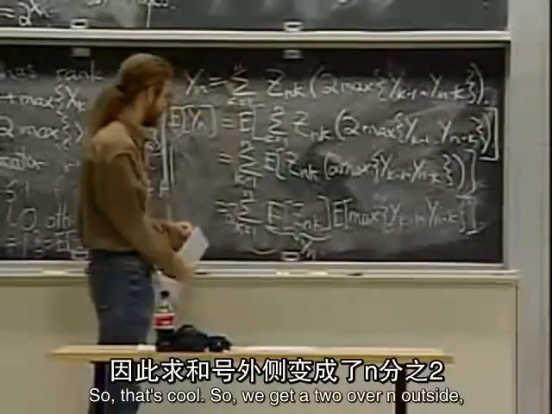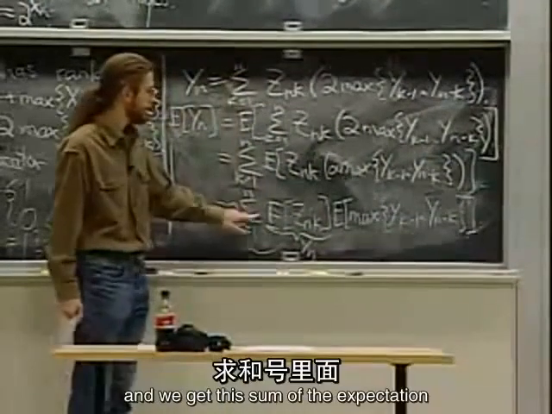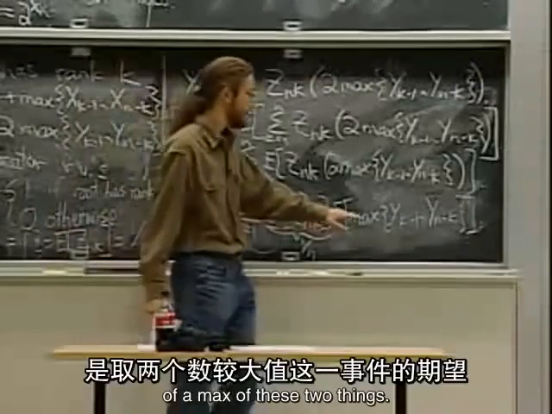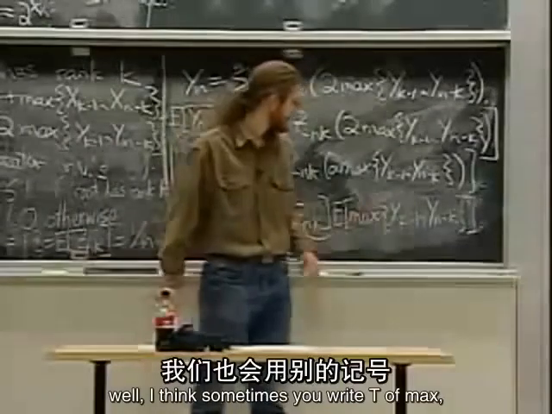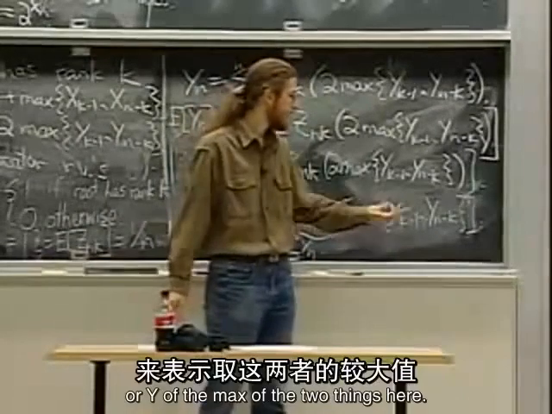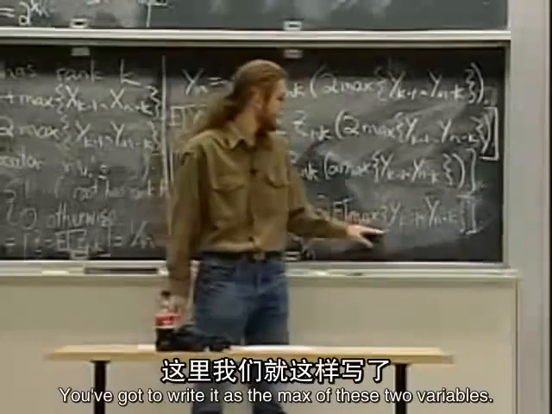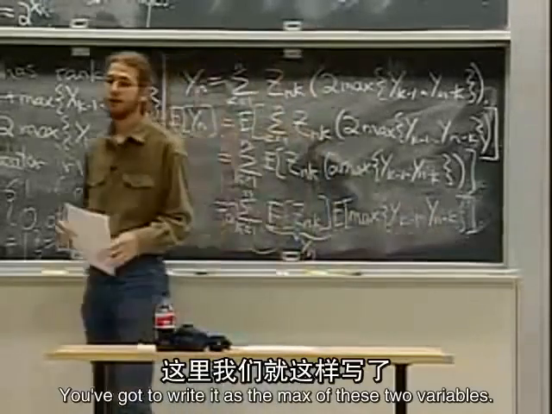So that's cool. We get a 2 over n outside, and we get this sum of the expectation of a max of these two things. Normally we would write Y of the max of the two things here. We're going to write it as the max of these two variables.